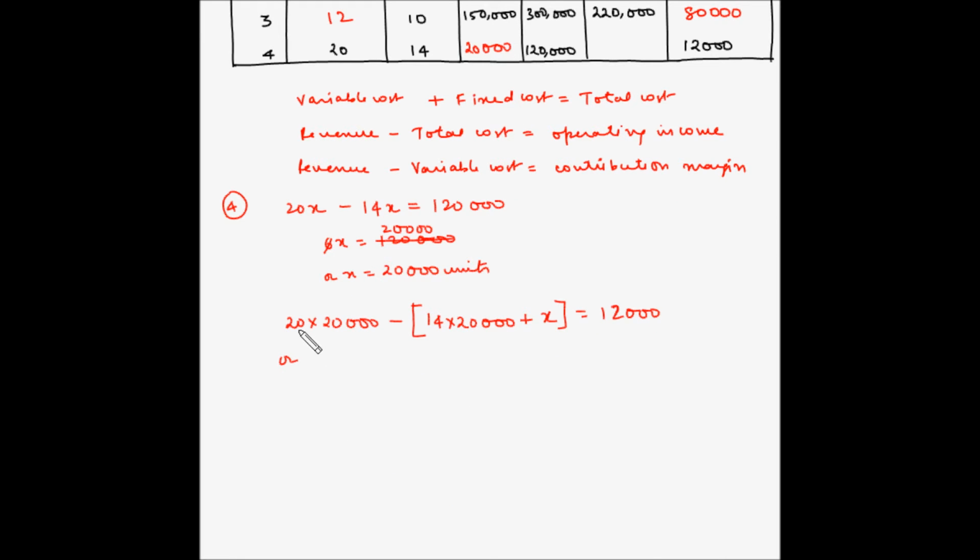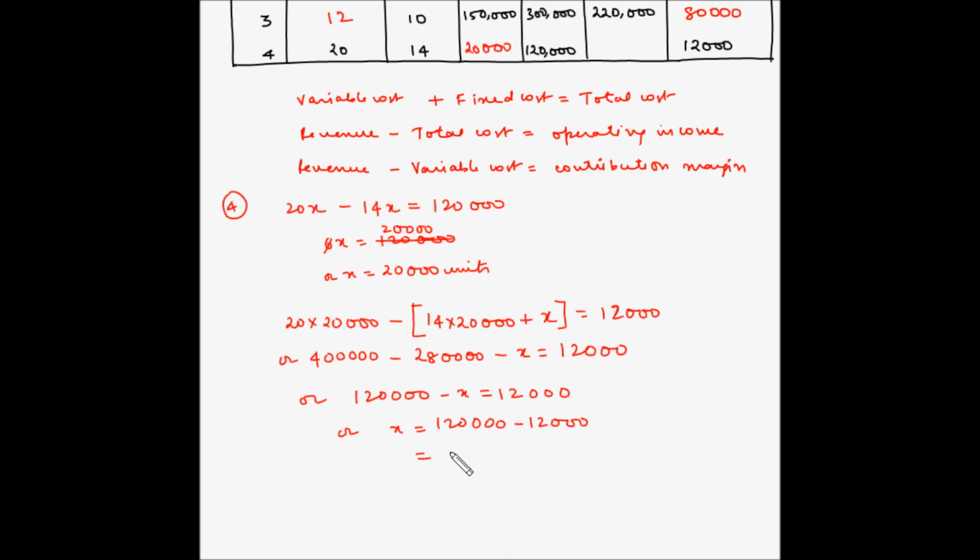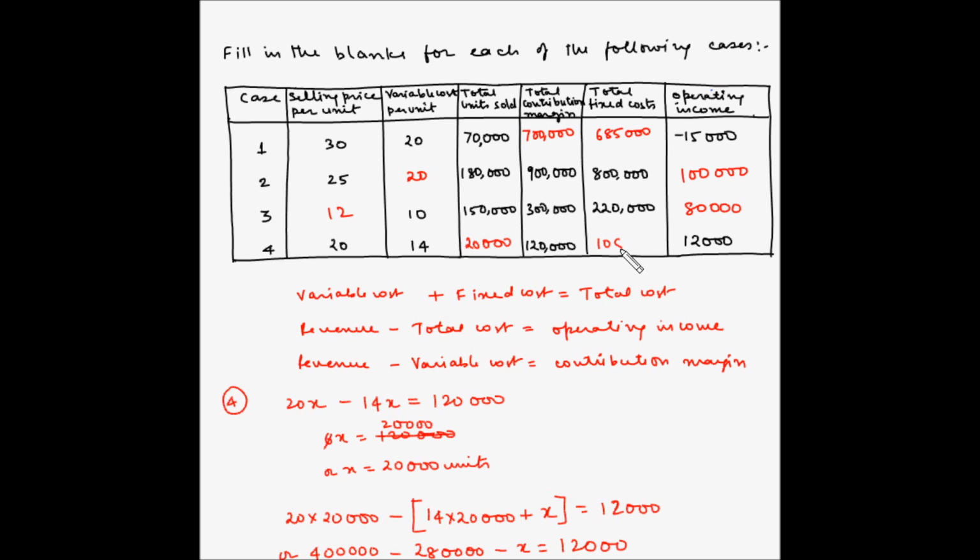So this becomes 400,000 minus, 14 2s are 28, so 280,000 minus X is equal to 12,000, or so 400,000 minus 280,000 is 120,000 minus X is equal to 12,000, or X is equal to 120,000 minus 12,000, which is equal to 108,000. So the total fixed cost is $108,000.